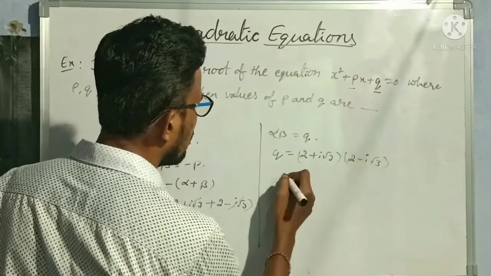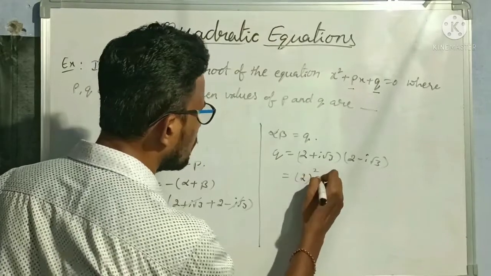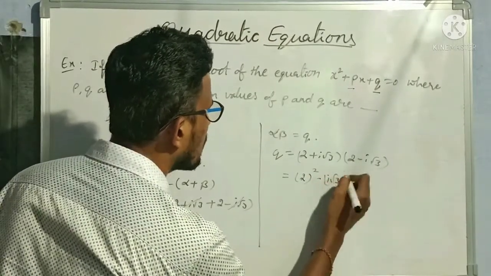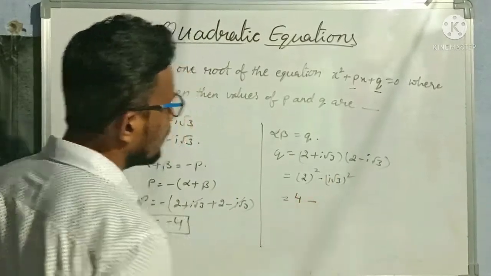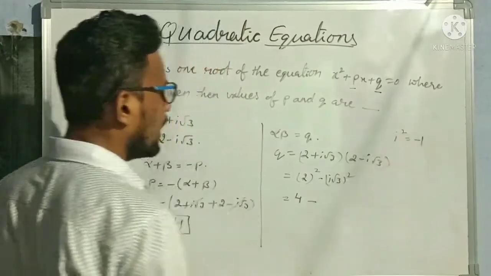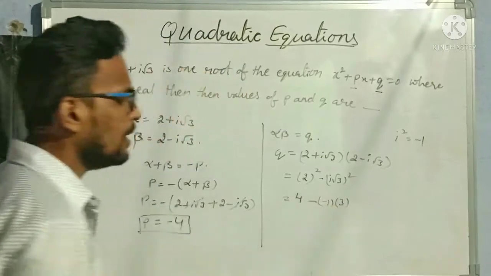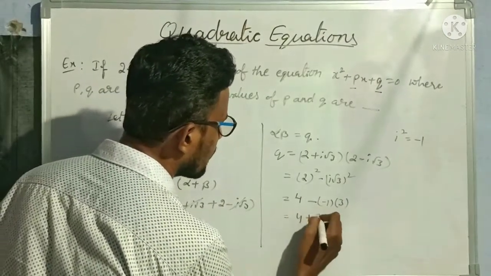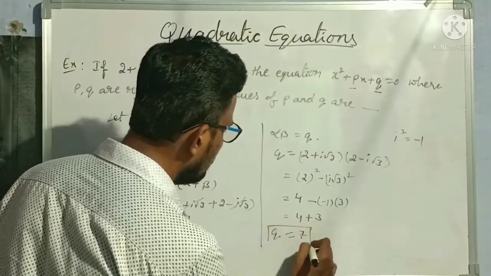That is a plus b into a minus b is a square minus b square, so 2 square minus i root 3 whole square. So that is equal to 2 square is 4 minus, what's the value of i square? In complex numbers we have learned, i square is minus 1. So minus of minus 1 into root 3 whole square is 3. So that is equal to 4 minus of minus is plus 3, which is 7. So q is equal to 7.